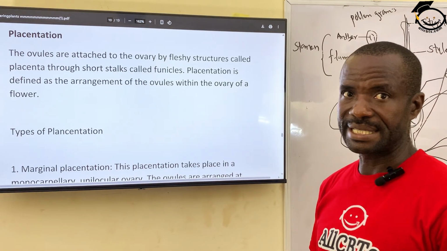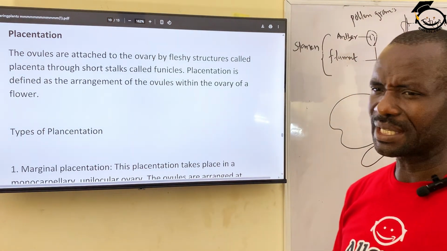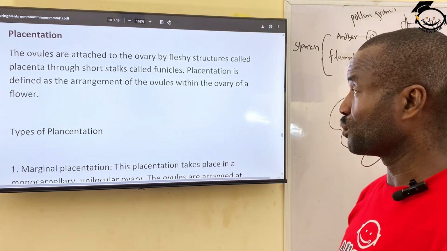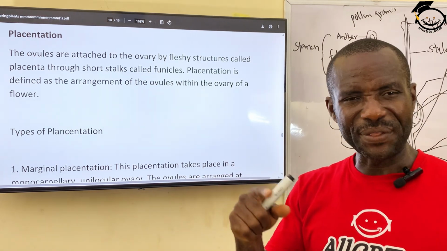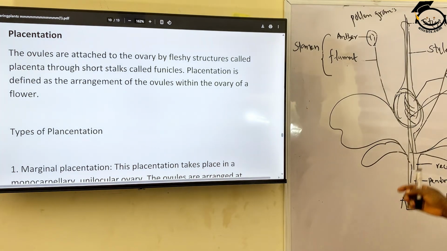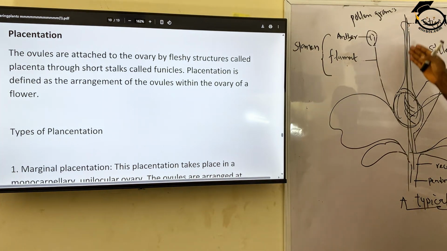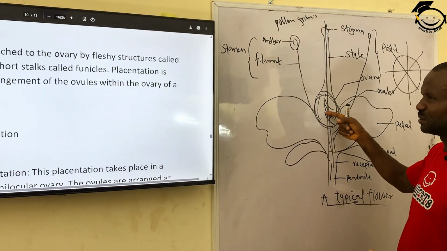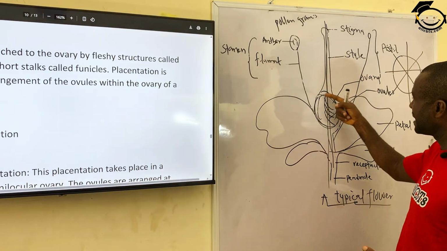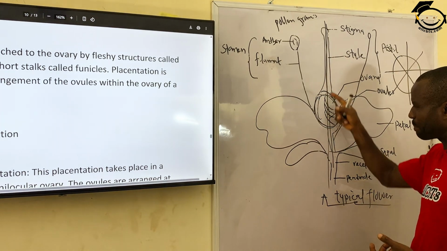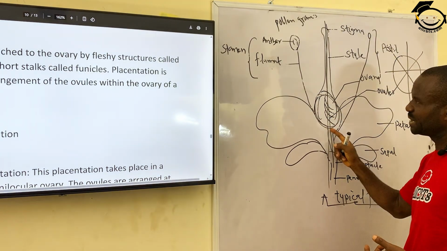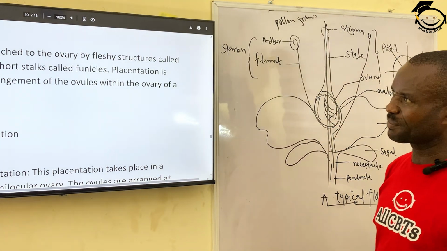We have placentation. Placentation is simply the arrangement of the ovule around or within the ovary. Like we said, if we split this longitudinally, we'll be able to see the ovule hidden inside the ovary. There's a pattern of arrangement of these ovules within the ovary, and that's called placentation.